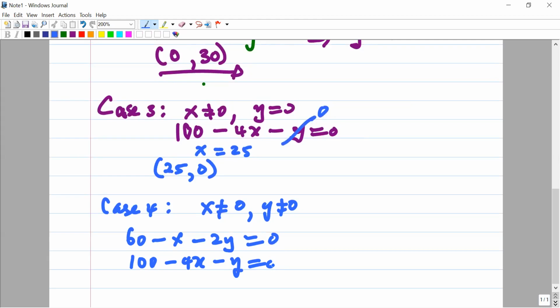And now you play with your algebra of solving simultaneous equations. If you want, you can eliminate x here. Just multiply the first one by 4, 60 times 4, that's 240 minus 4x here.